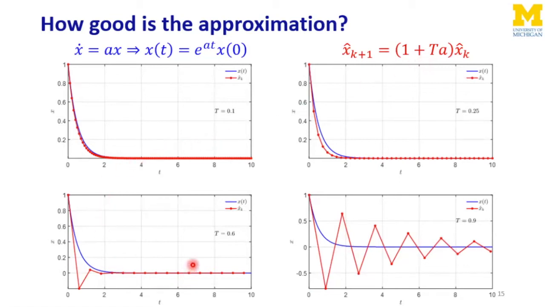These 4 plots show the solution of x hat for 4 different values of the time step. Intuitively, you can see that as the time step T gets smaller and smaller, your discrete time solution is going to get closer and closer to the continuous time solution. For T equals 0.1, we have a really good approximation, whereas for T equals 0.9, we do not have a good enough solution.